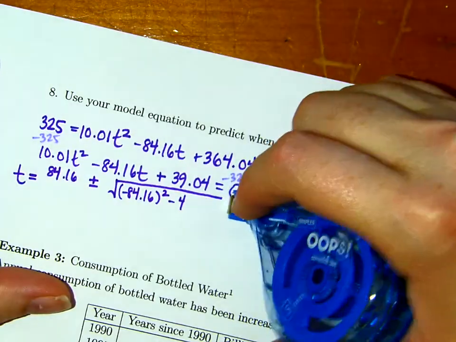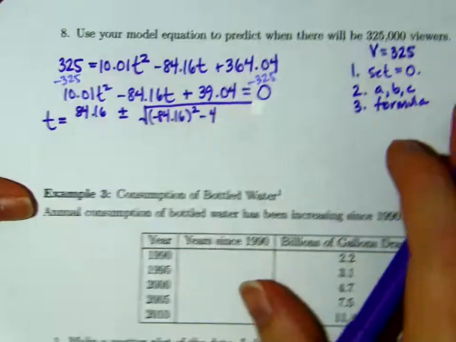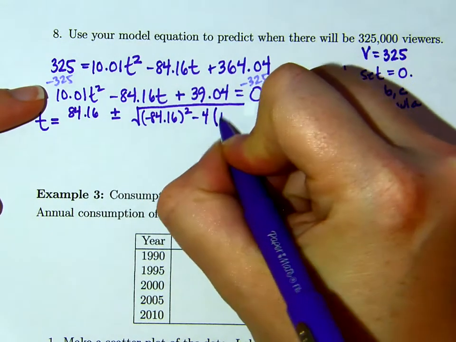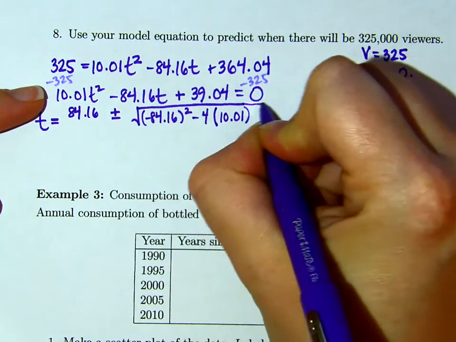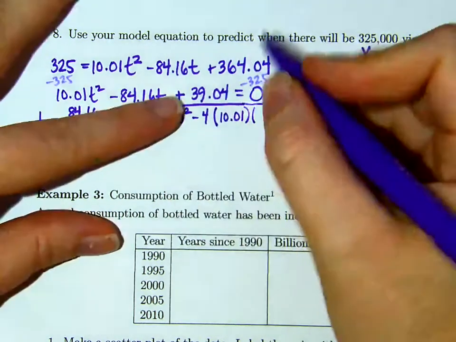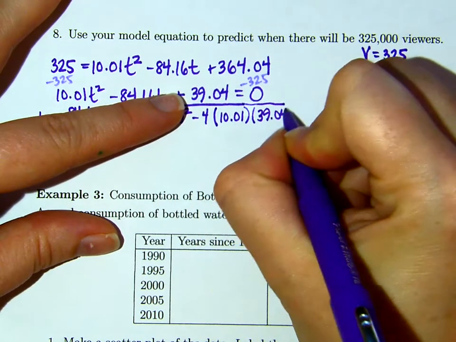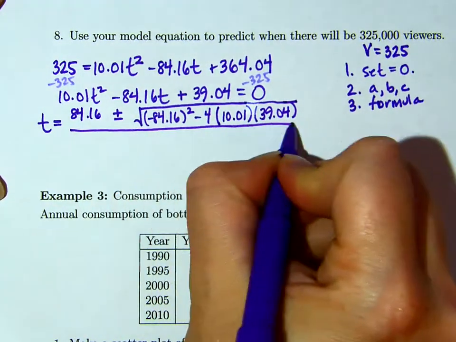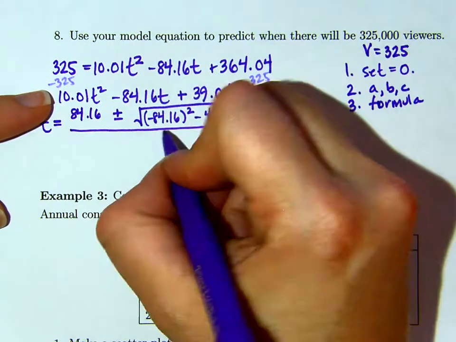That's fine. These numbers have a lot of decimals. 4 times A, which is 10.01, times C, which is 39.04. Okay. All over double this A, which is 20.02.